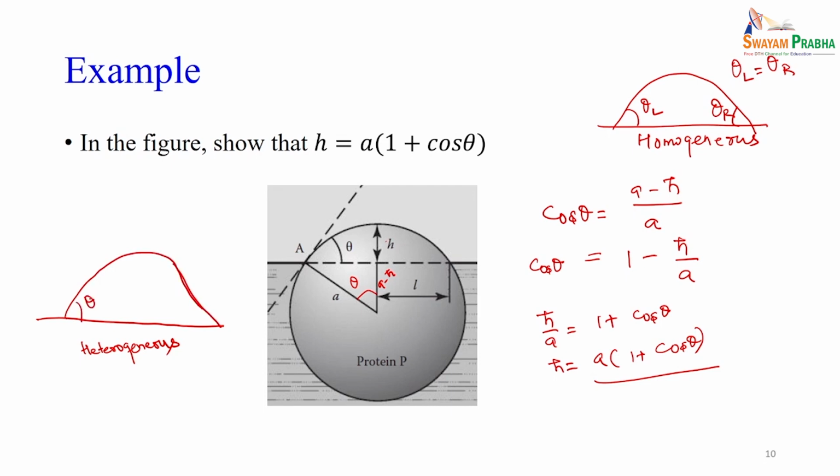So, here you have a different contact angle, which says that theta left is not equal to theta right. To analyze this, the whole shape cannot be part of one imaginary circle. So, you have to fit different circles. One circle will be like this.